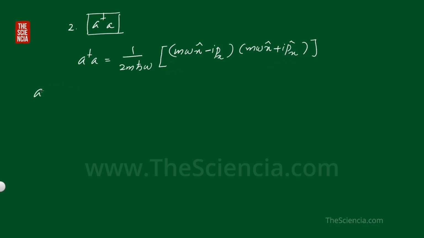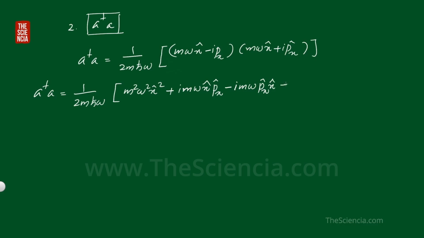We can multiply these terms, that is m square omega square x cap square plus i m omega x cap px cap minus i m omega px cap x cap plus px cap square.